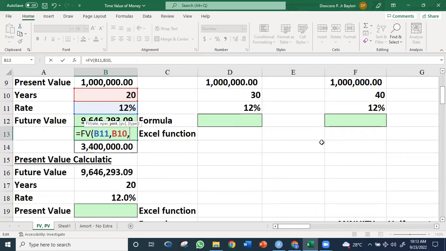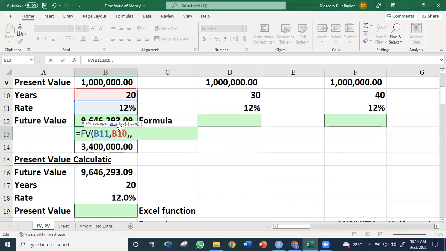So for PMT, you can either type 0 because this is not an annuity, then comma, or you can just ignore that. I'm not going to type anything, I'm just going to insert a comma. Excel will read the empty entry as 0, because we don't have an annuity, but rather a single cash flow.